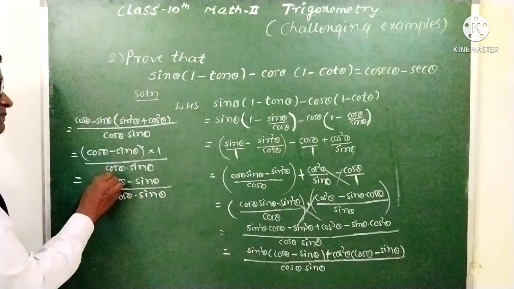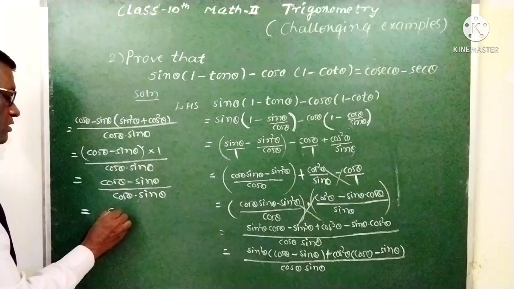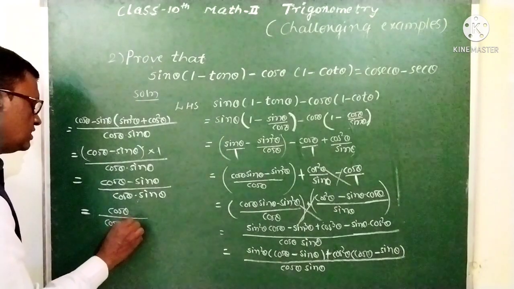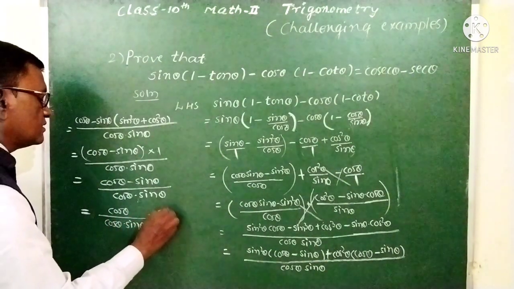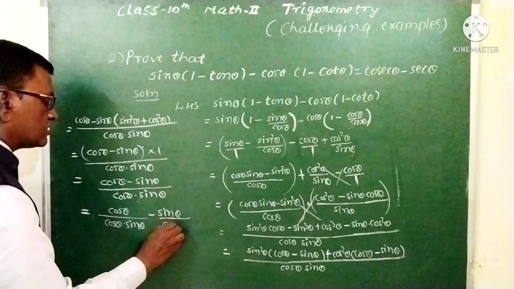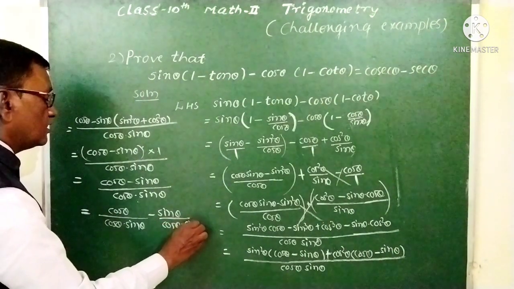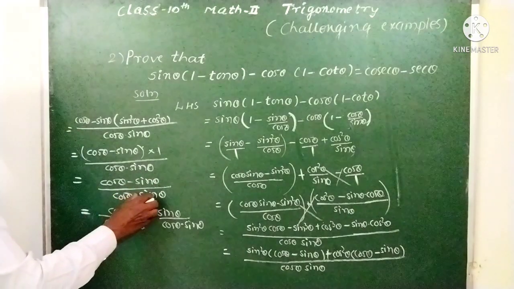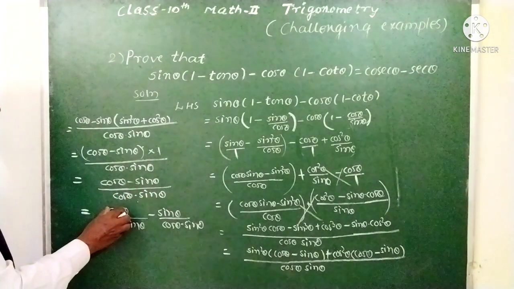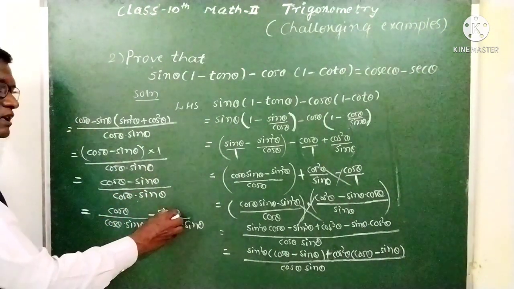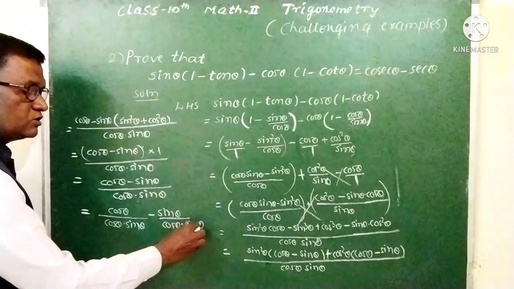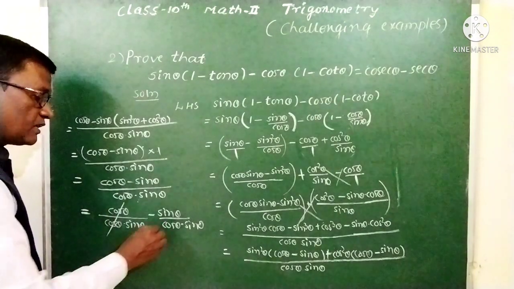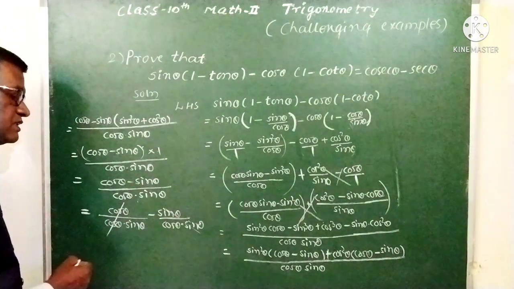In the same way, you divide this by both terms: cos theta upon cos theta into sin theta minus sin theta upon cos theta into sin theta. We can write cos theta minus sin theta upon cos theta into sin theta as cos theta upon cos theta into sin theta and sin theta upon cos theta into sin theta. This cos gets cancelled. This sin cancels with this sin.